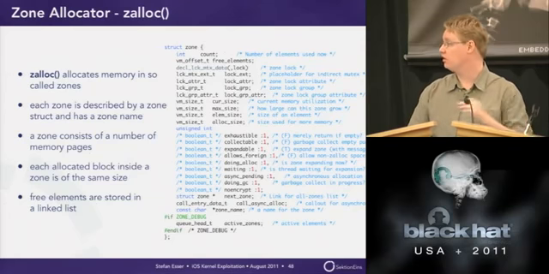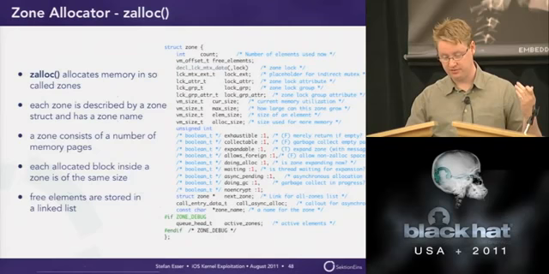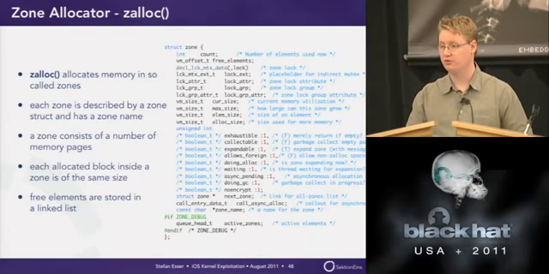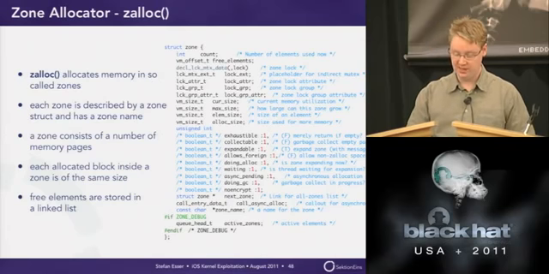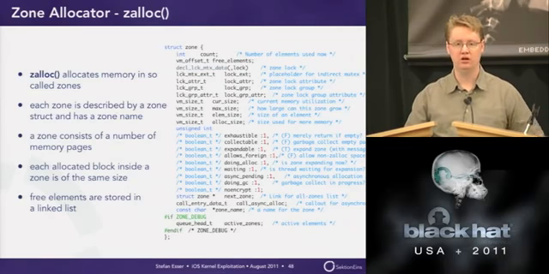And you see there's a quite long structure that defines a zone. This structure has the possibility to have a lot of flags for the zones, but we don't care about this right now. Each zone has a name, like buffers or files or something like that.